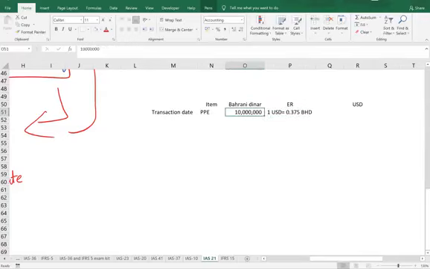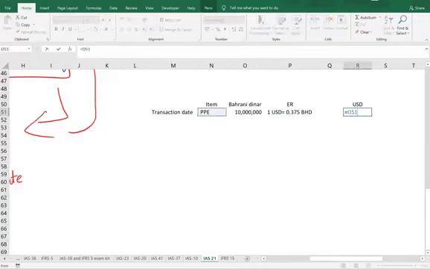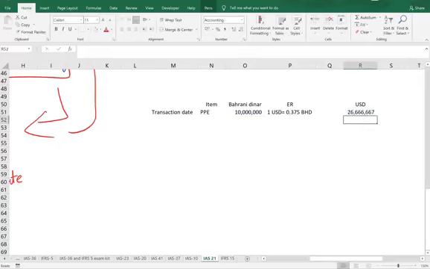So this is 10 million Bahraini dinar. That means if 10 million Bahraini dinar, how much US dollars would that be? Okay, I'll make it for you, one second. 26.667.